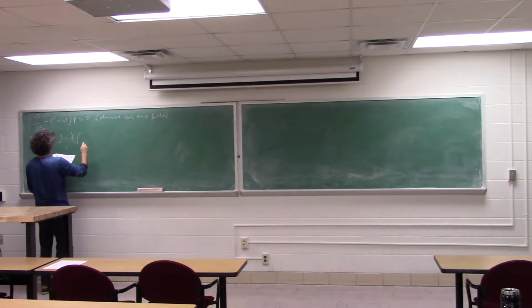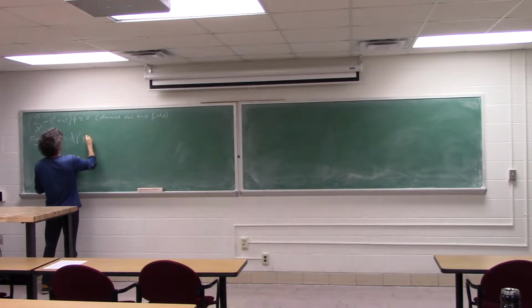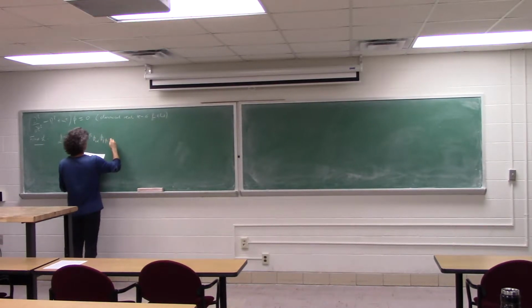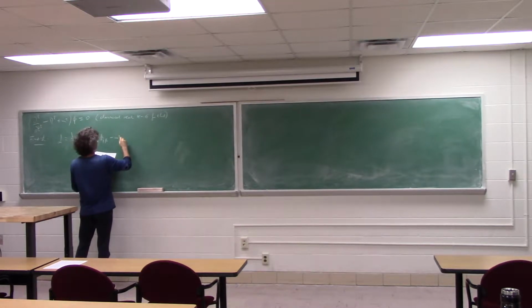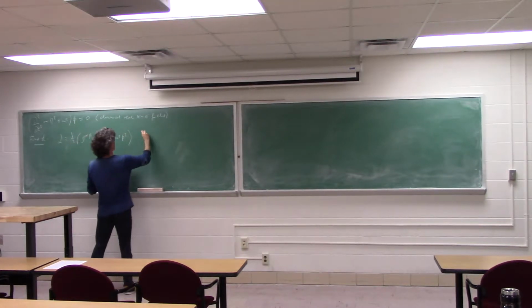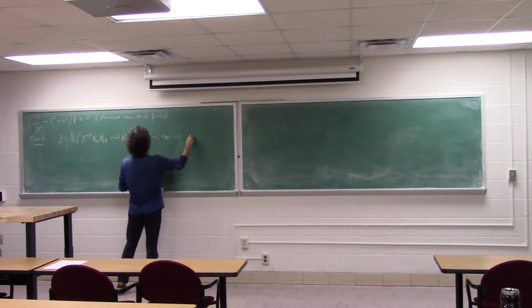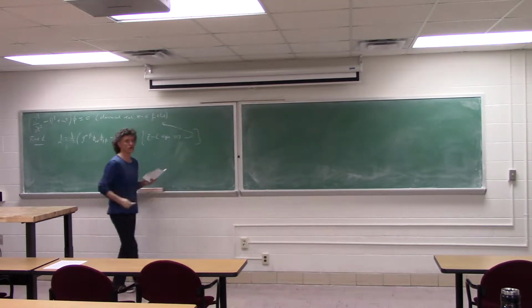So we know that the Lagrangian density for the real Klein-Gordon field takes this form, and you can easily confirm that the Euler-Lagrange equation implies the Klein-Gordon equation.